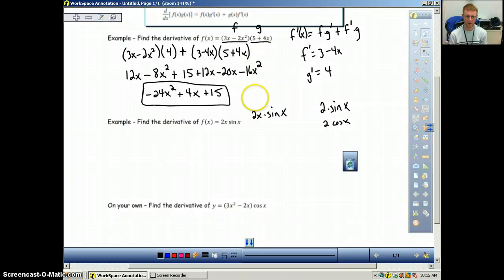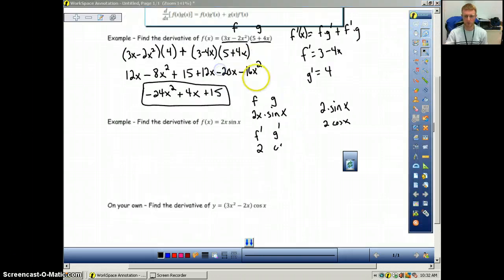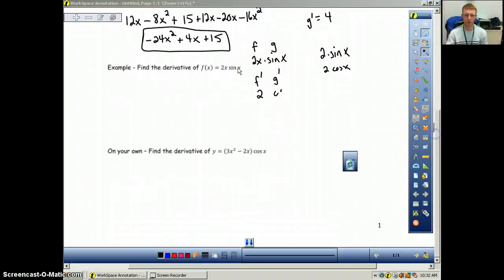So we actually have to identify this is going to be our f, this is going to be our g. Our f prime is going to be 2. Our g prime is going to be the cosine of x. So what we do is we can put this into our formula.